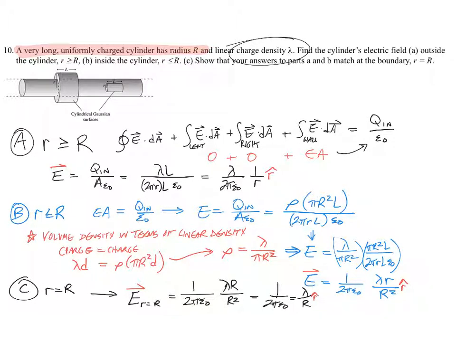So let me kind of section things off here to keep it all separate. And that would be our answer in that case. So easy peasy, if you will, problem there. So that's problem 10. Now, problem 11.